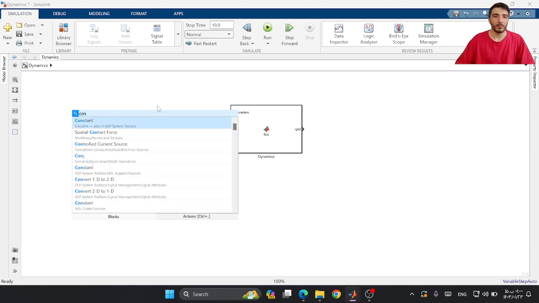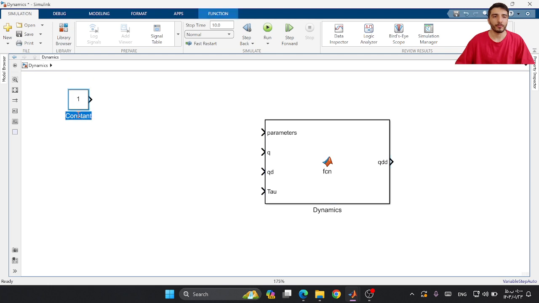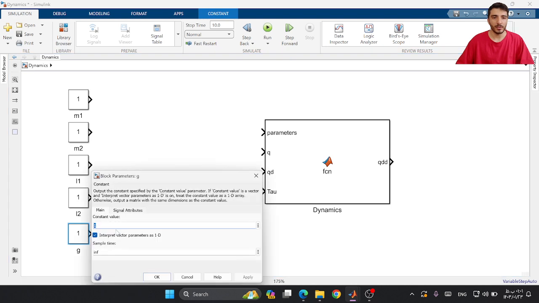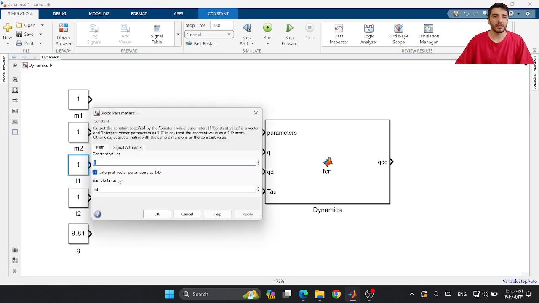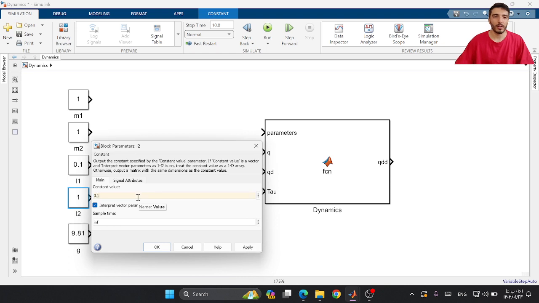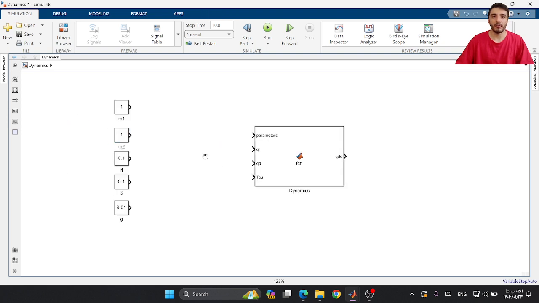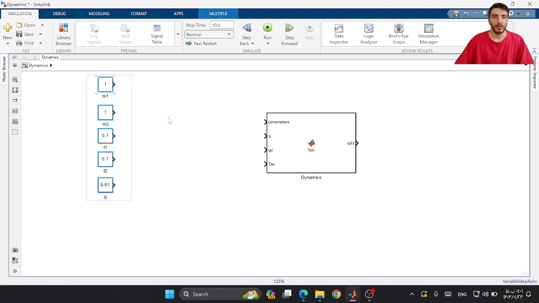Let's import some constant blocks to make our parameters L1, L2, and G. G is 9.81, and for now, for example, both of the arm lengths are 0.1 meters, and we have 1 kilogram for each mass of our links.